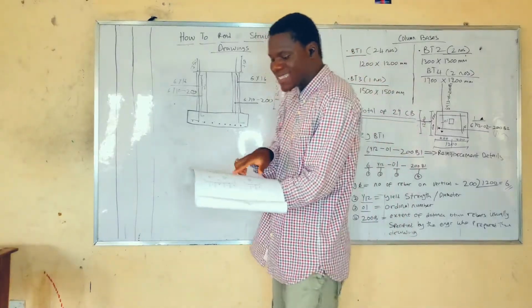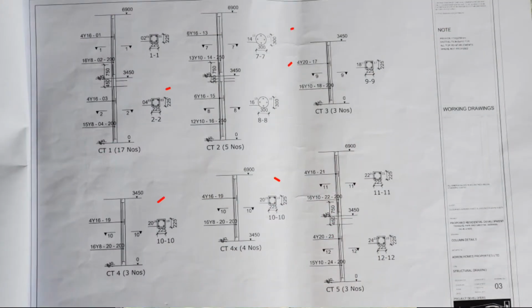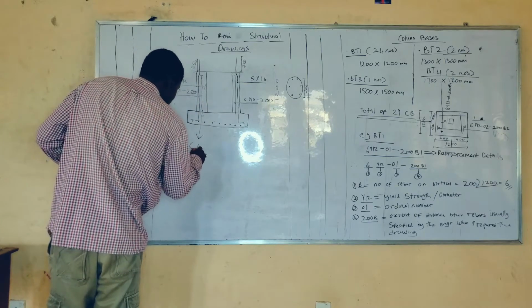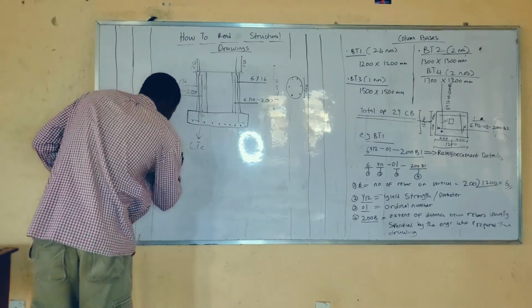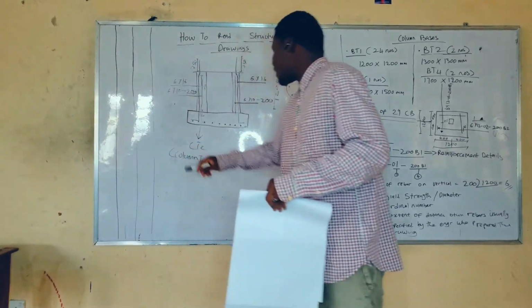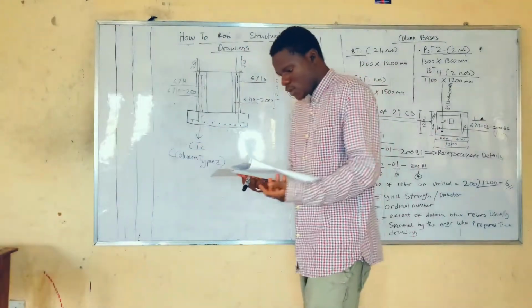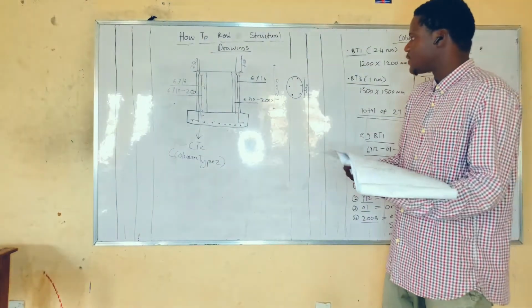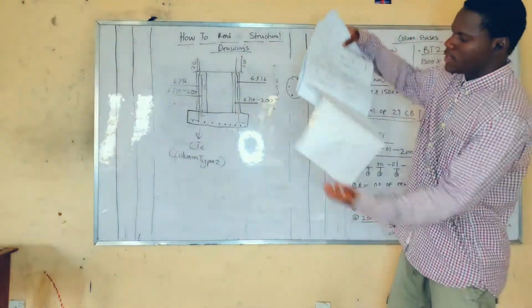Okay, before we go back, CT2, this is column type 2. CT stands for column type. So this is column type 2. Since it looks complex, let's read it.